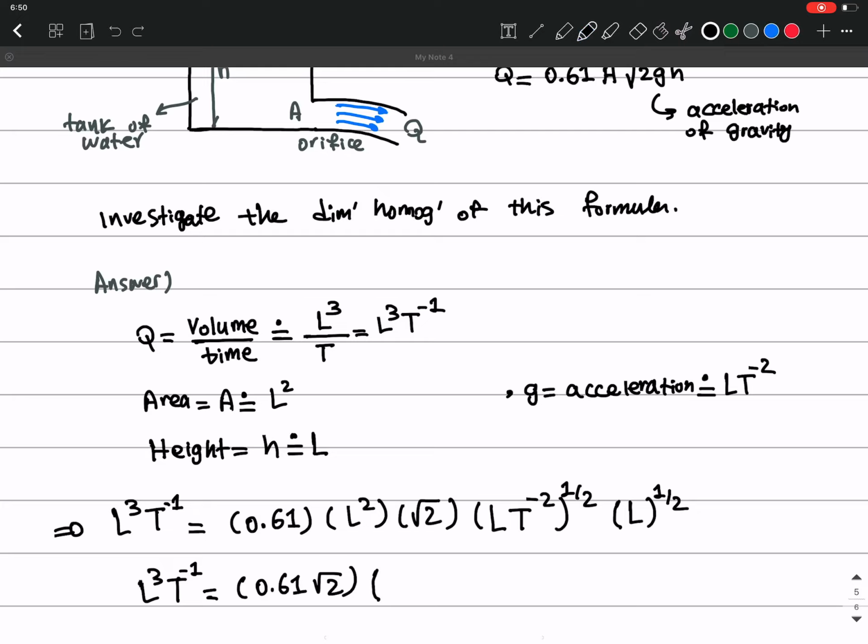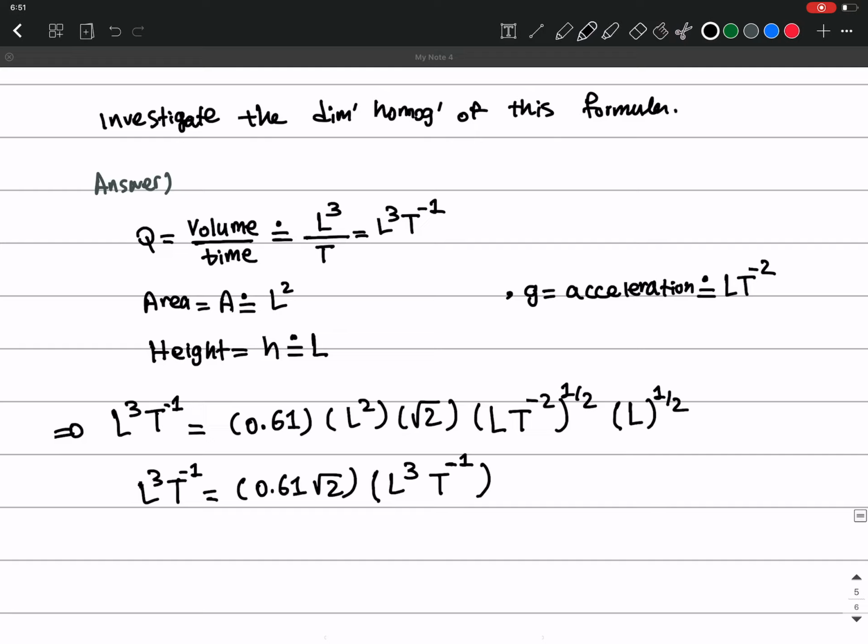Then times this L squared is going to be L to the power 3. And then we have T to the minus 2, to the 1/2, so it's going to be T^-1/2. Okay.